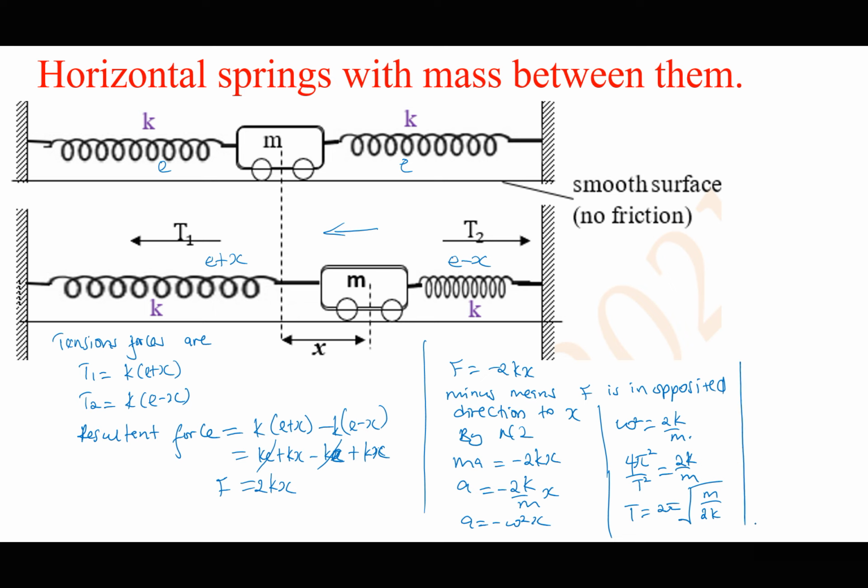If I try to find the frequency, it is going to be the reciprocal, so it will be 1 over 2 pi square root of 2k divided by m. Okay, so that is for a mass which is trapped between two springs and then displaced so that it oscillates back and forth. That is simple harmonic motion.